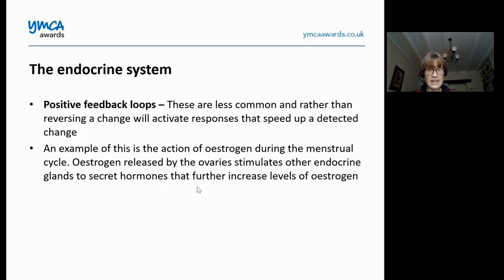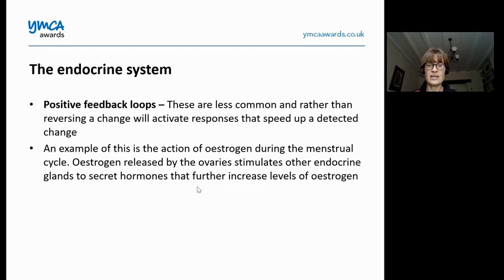There are some positive feedback loops. The others were negative; these are positive, and less common. Rather than the body detecting a change and then an effect happening to bring it back to normal, for example if the body is too cold or too hot, this is different. This is where a change is detected, and that change actually activates responses that speed up that change even more, taking it further away from normal.